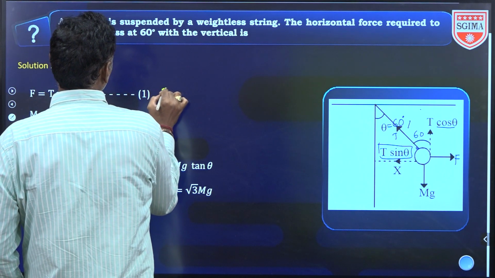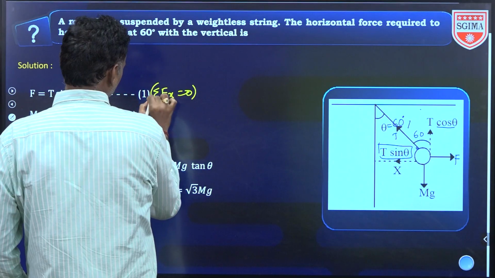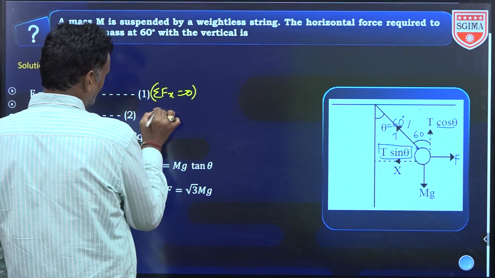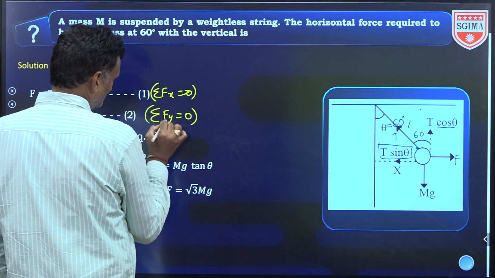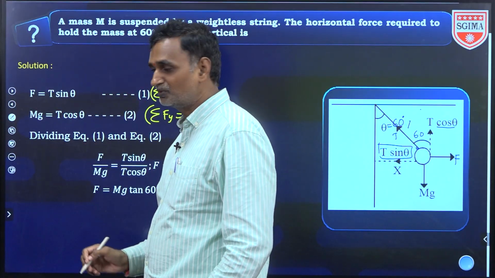So the sum of forces in the x direction equals 0, so F equals T sin theta. The sum of forces in the y direction equals 0, that is T cos theta equals mg.